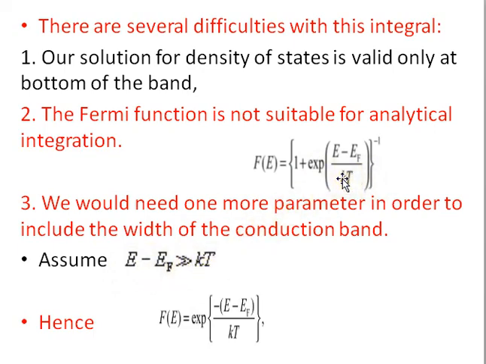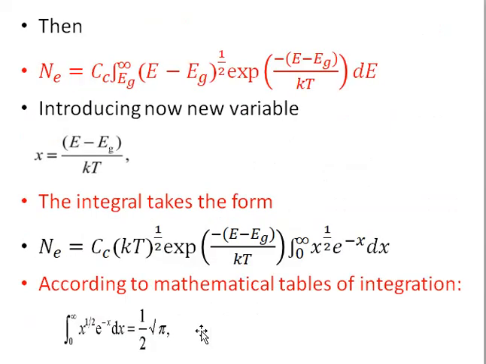And if that happens, it means this exponential of this function is very much bigger than 1, which means we will now neglect the 1. And if we make that assumption, it means our Fermi function, f(E), is now just equal to exponential of minus (E minus E_F) all over kT. The 1 is neglected. So after that, our integration will now be reduced to this.